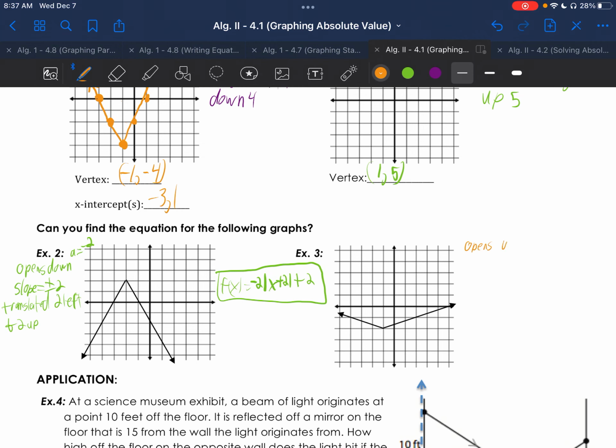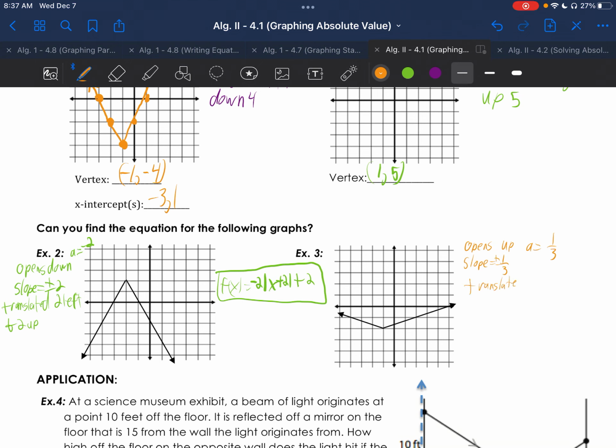On number 3, we can tell it opens up. So a is positive. The slope is up 1 right 3 or up 1 left 3. So the slope is 1/3. So that means a is positive 1/3. It's positive because it opens up. It's 1/3 because of the slope.